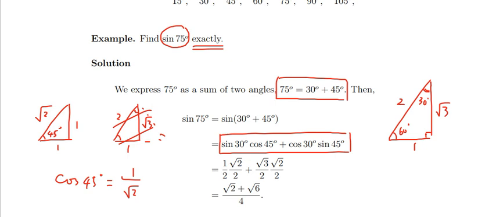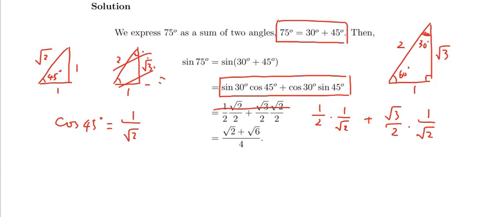We just use these values based on the triangles. Plus cosine 30, which is radical 3 over 2, and sine 45 is 1 over radical 2, right? So then the denominator is 2 radical 2.